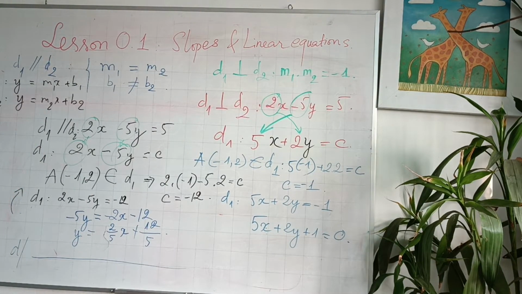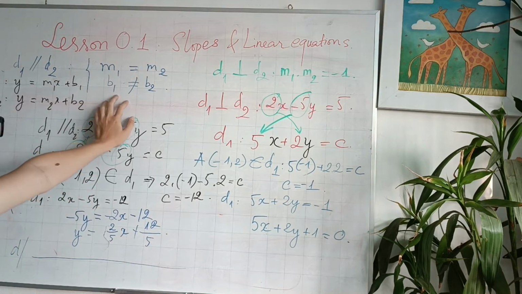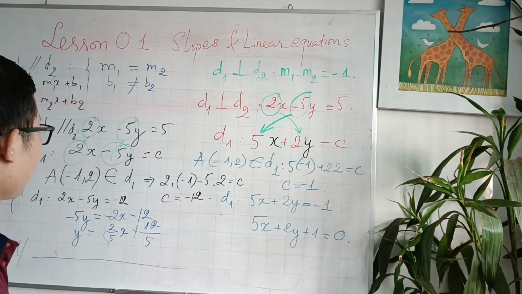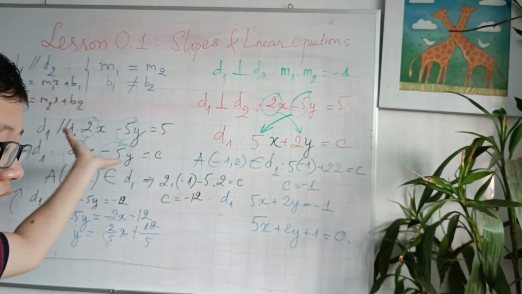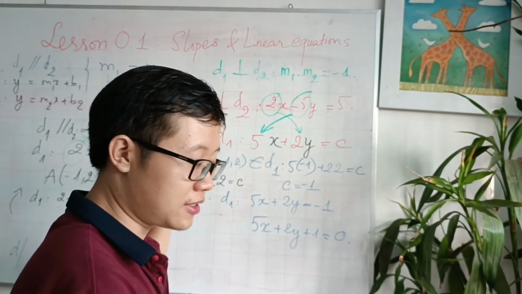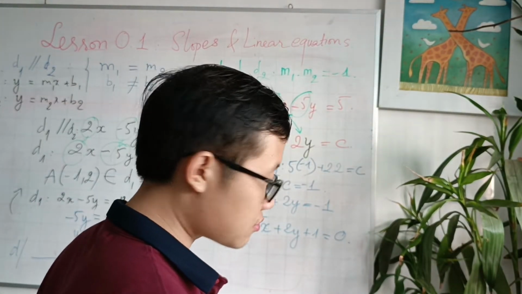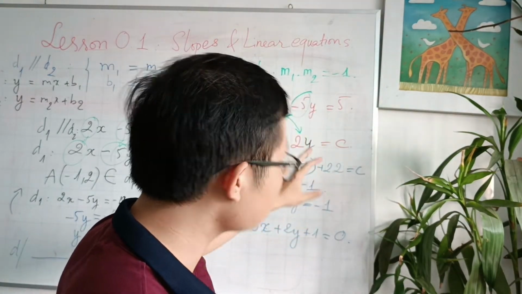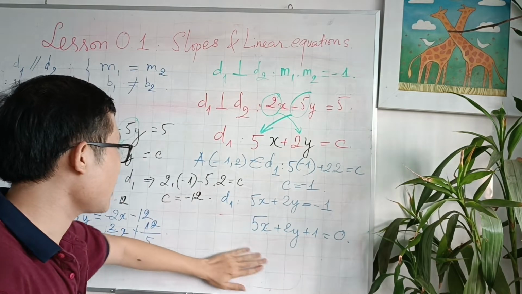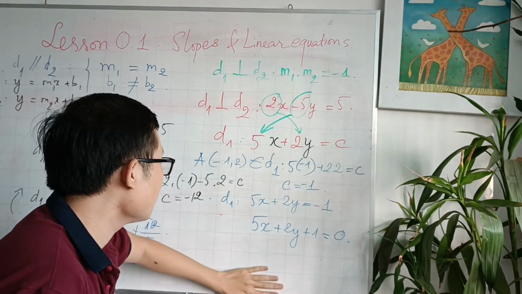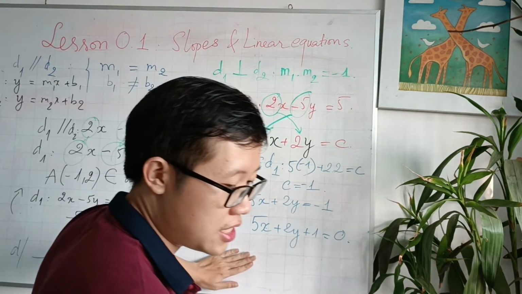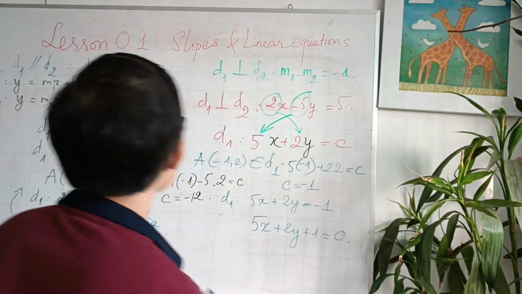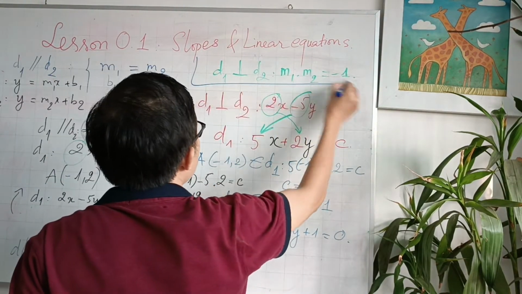So why did I write the formula before questions C and D, but not apply it? I want to illustrate the formula when I do all these questions here. We have two formulas, for D1 and D2.